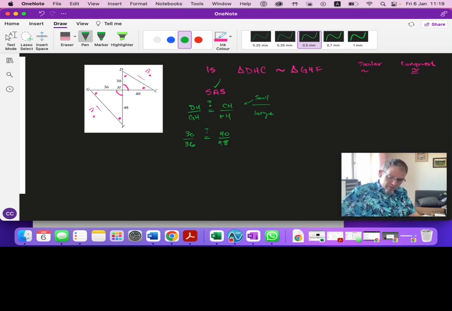If I divide this by 6, I would end up with 5 over 6. If I divide this by 8, I would get 5 over 6. Bingo bango. So we can confidently state that yes, because of side angle side similarity.